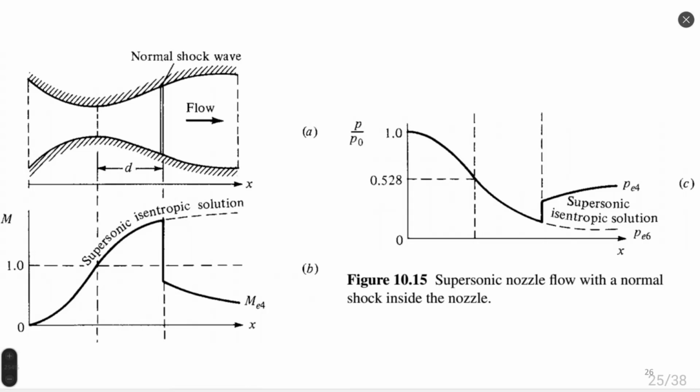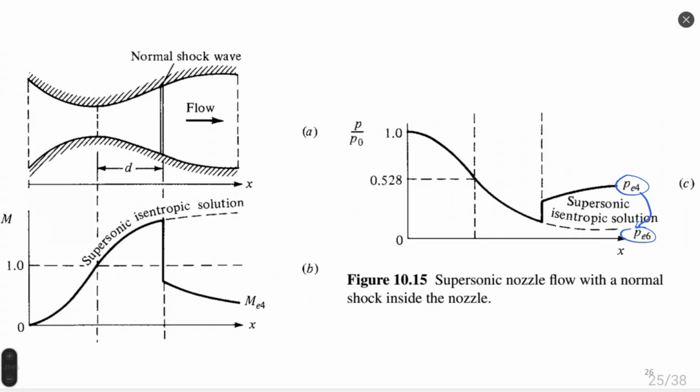For example, here on figure 15, we can see that PE4 is not as small as it should be for all isentropic flow. PE4 is higher, so it means that the pressure ratio is not so big. And naturally, such flow results in existence of a shock wave inside the nozzle.